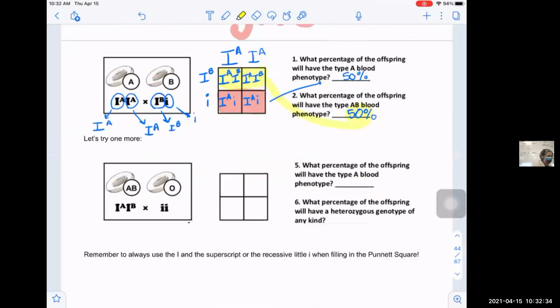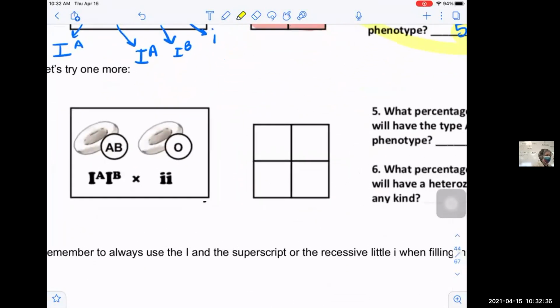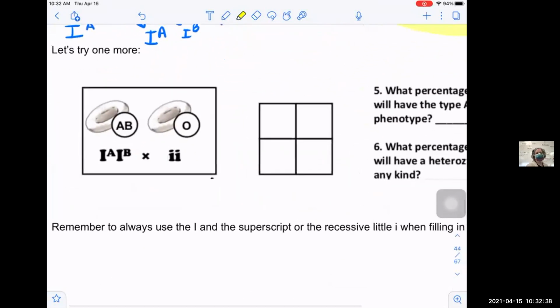All right, let's do one more. So I want to see you fill this one in yourself. I want you guys to try it yourself first before I do it. This is how you know if you're doing it right, is do it yourself.